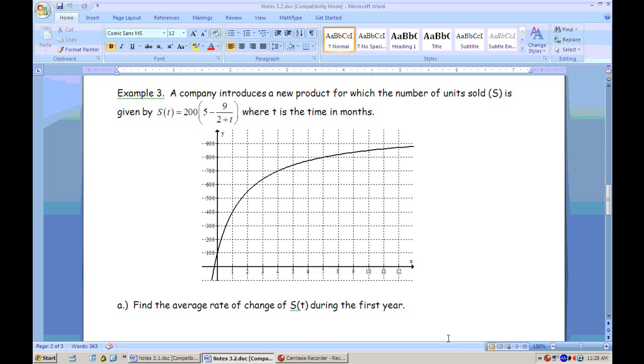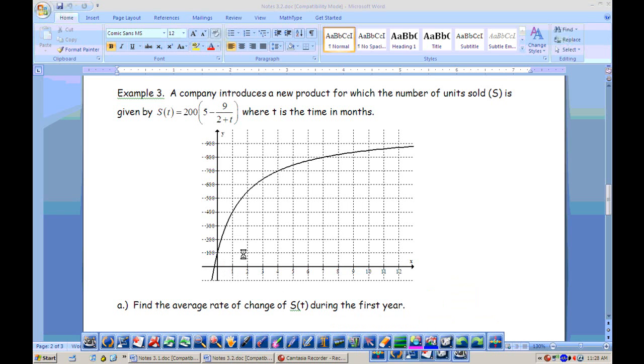Rate of change is a fancy name for slope. We're trying to find the average slope, or the slope between the two endpoints. Between the first year, we're talking about between these two points.